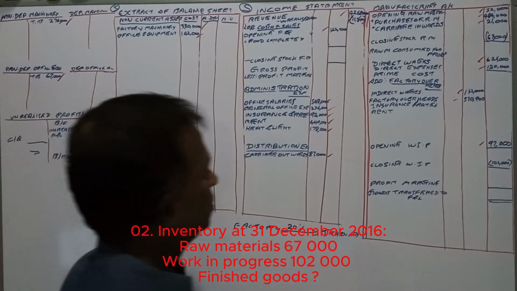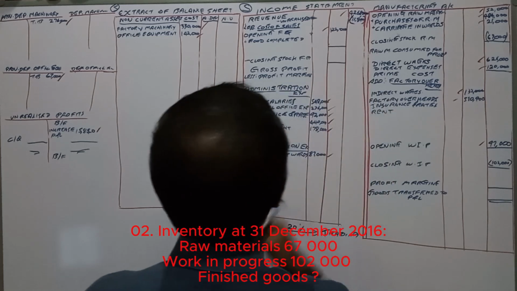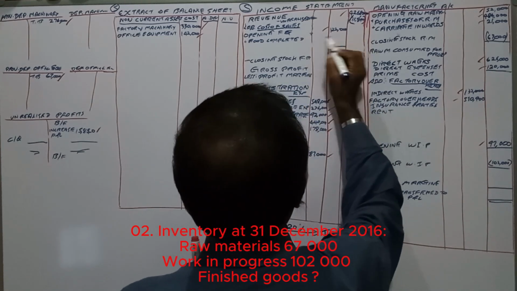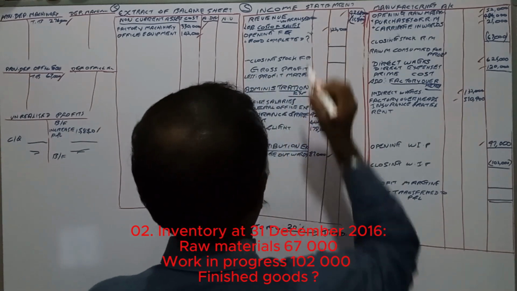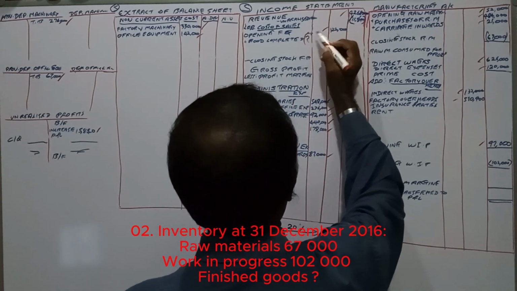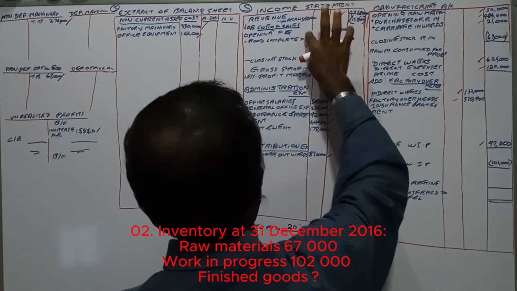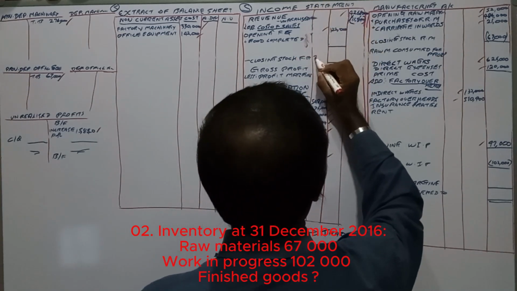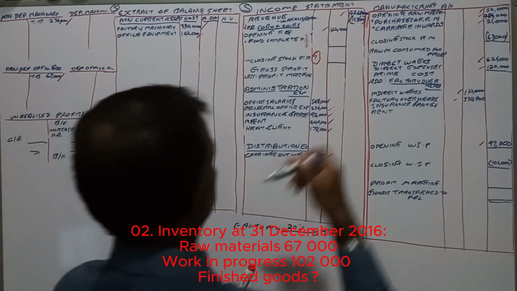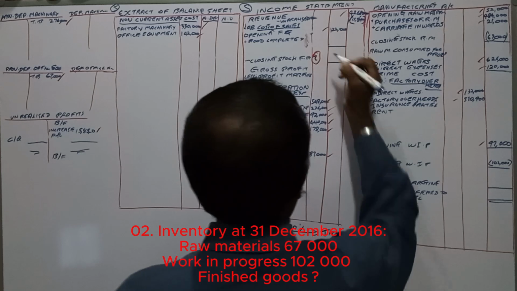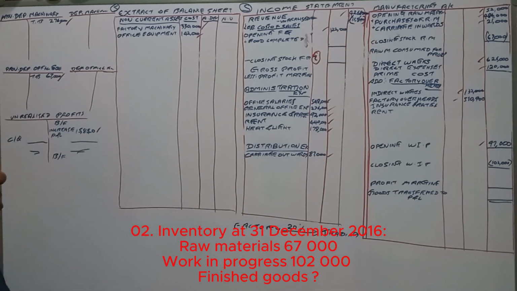And finished goods, they haven't given the complete figure. This we have to calculate. Finished goods, how much we don't know, right? We have to calculate it.